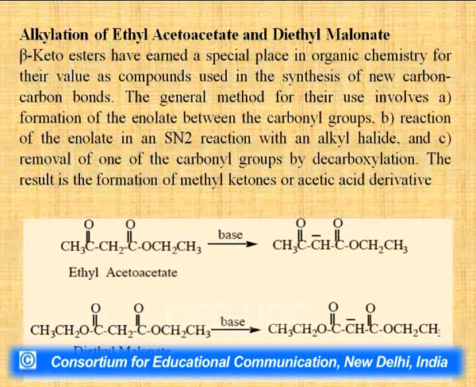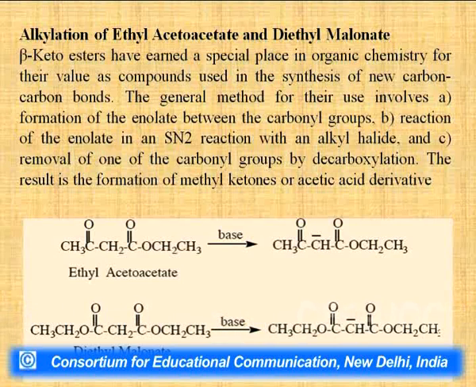Alkylation of ethyl acetoacetate and diethyl malonate. Beta ketoesters have earned a special place in organic chemistry for their value as compounds used in the synthesis of new carbon-carbon bonds. We all know the importance of ethyl acetoacetate and diethyl malonate in industries.